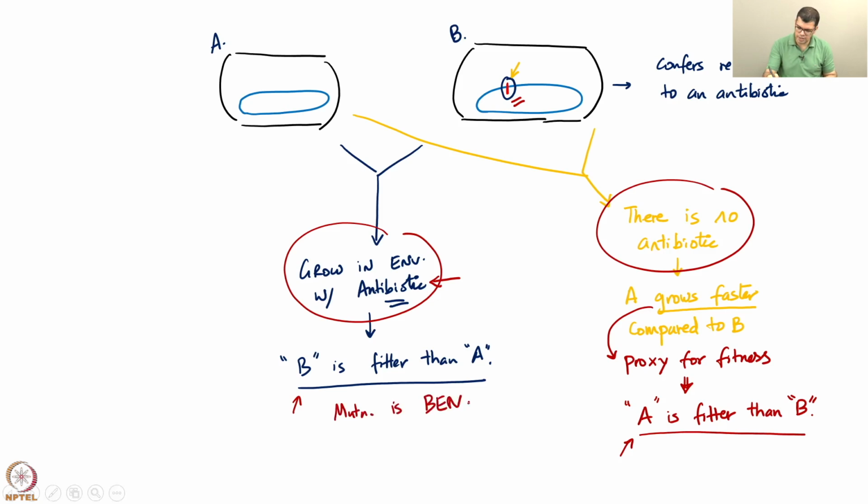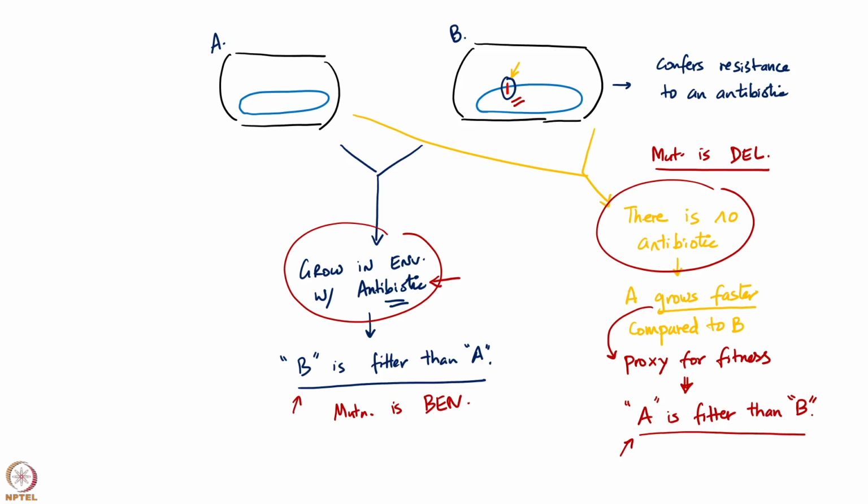However, if I change the environmental context, this mutation is deleterious. So, again I hope this re-emphasizes the fact that effects of mutations are dependent on environmental and genomic context.